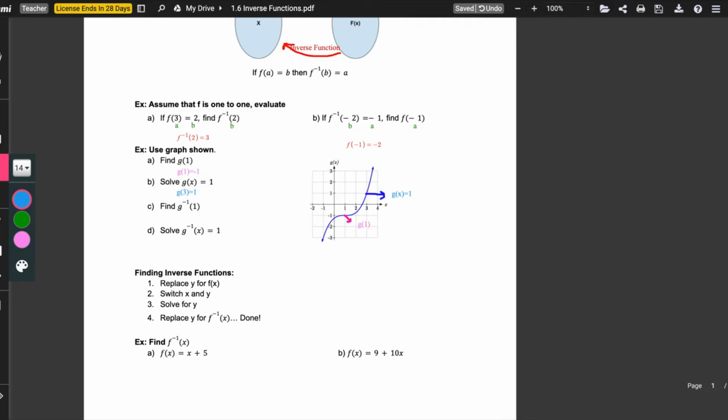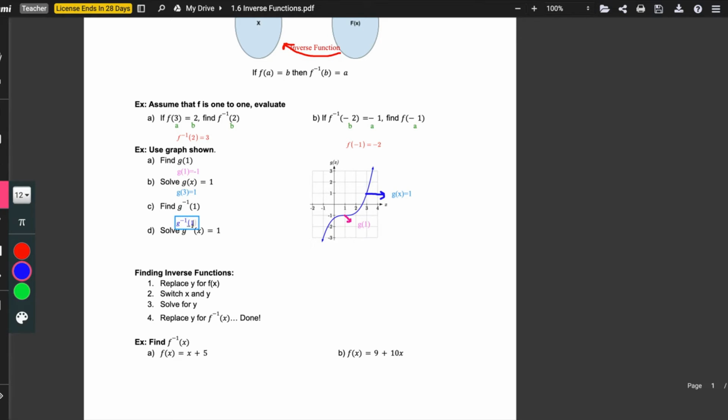So now I have to find g inverse of 1. Now I have two different ones here. But if I look, g inverse of 1, I'm looking for when the output is 1. And in equation B, the output is 1. So g inverse of 1 has to match the input there.